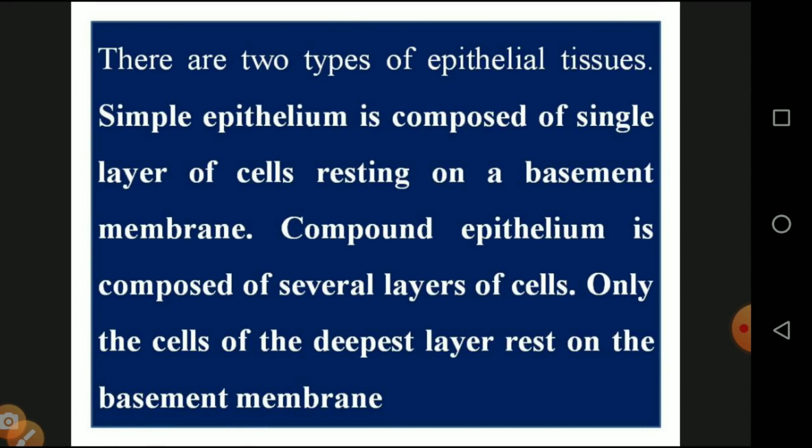There are two types of epithelial tissue, simple epithelium and compound epithelium. Simple epithelium has a single layer resting on the basement membrane. Compound epithelium has several layers, and only the cells of the deepest layer rest on the basement membrane.